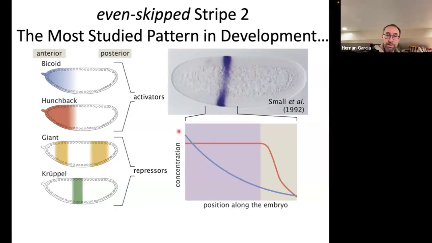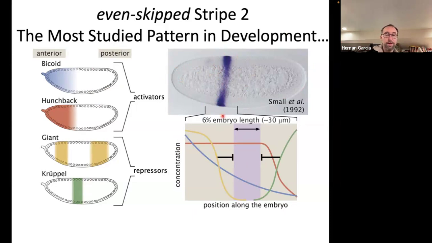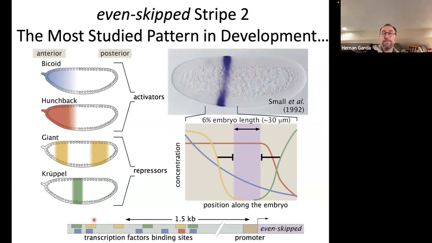And initially, only the activators are present along the embryo, which generates a broad domain of activation of even-skipped. But then the repressors come from each side, and they restrict the domain of activation to this little stripe that you see here. That is about 6% of the embryo length. And we don't only know the identities of the inputs, the activators and repressors, we also know the arrangement of their binding sites. So once again, it's a pretty cool state of the art to get started with.